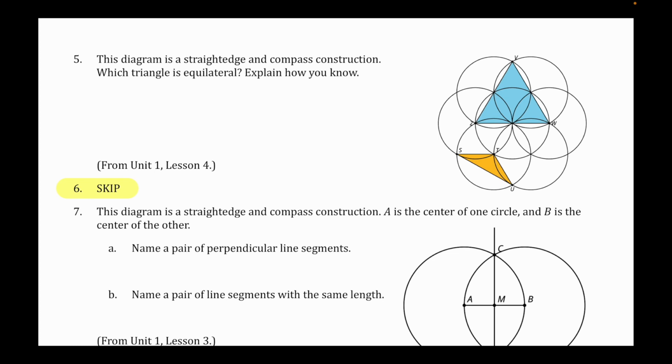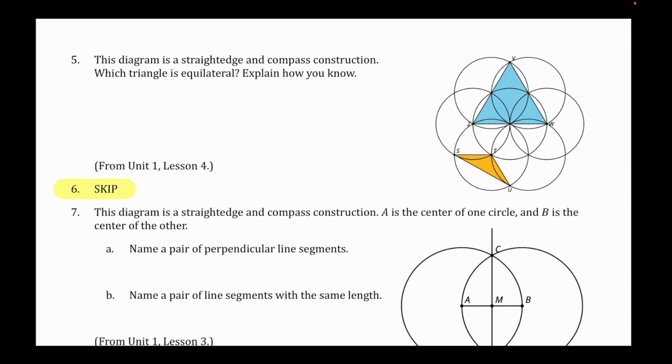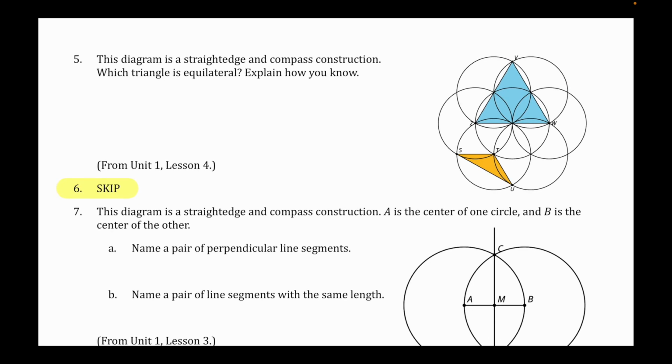Explanations in geometry are not allowed to be "I can just tell" or "they look equilateral." So, even though we might be able to tell that the blue triangle is equilateral just by looking at it, we're going to use geometric properties. Let's give it its name.